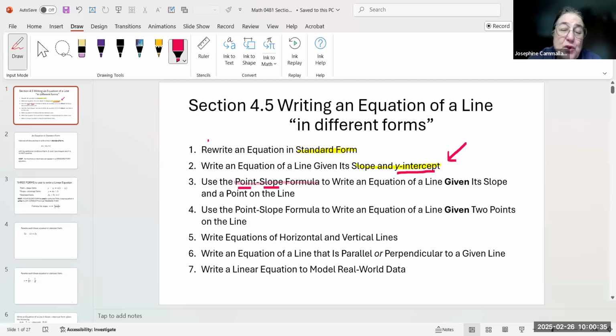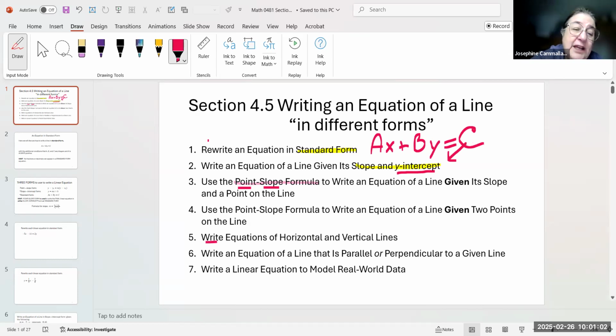And those two forms we're going to be using, and then we're going to finally write a form that either is going to leave it in slope-intercept, or we're going to put it in what we call standard form, which you know as ax plus by equals c. Okay?